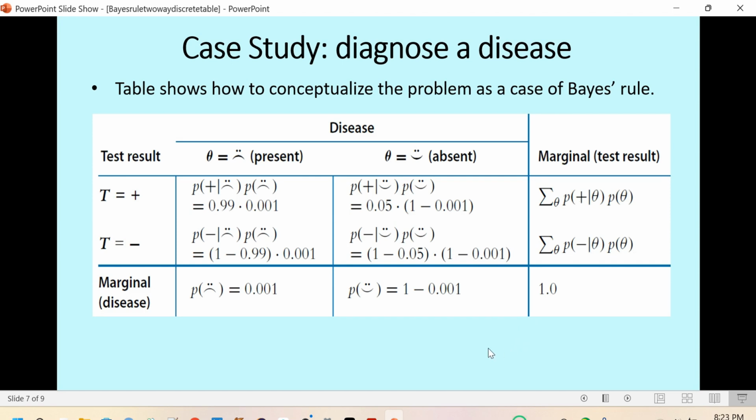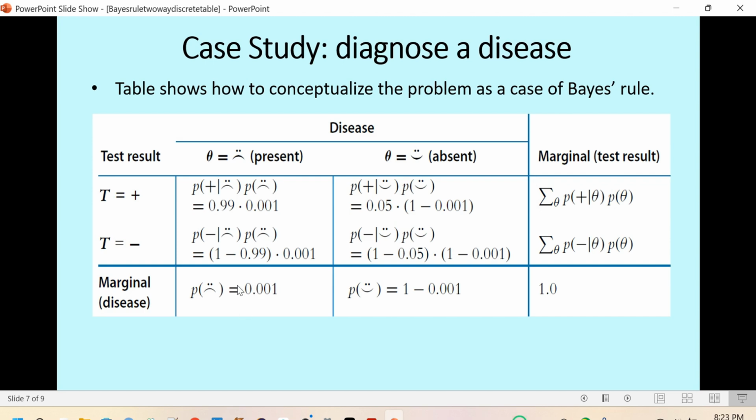And next, we can calculate the probability of the person actually having disease given the test result is positive. So for this field, we consider this marginal and calculate the conditional probability of this field divided by this marginal summation, right?